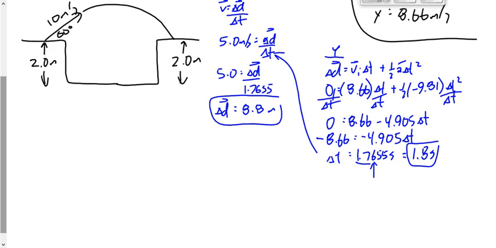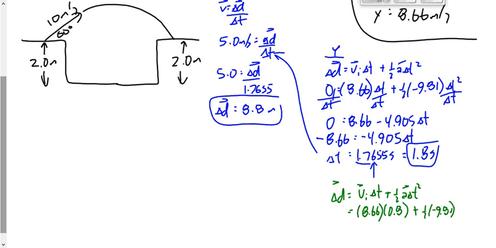So let's do this again. But this time solve for a different variable because we have a different time. D is equal to 8.66 for my initial velocity y component. My time was 0.8 seconds plus 1/2 of negative 9.81 times 0.8 squared.